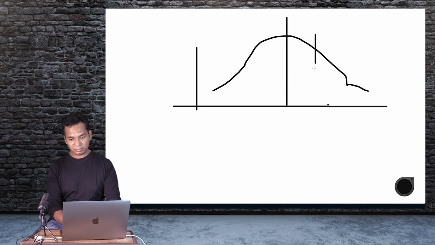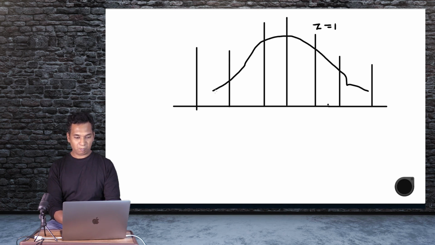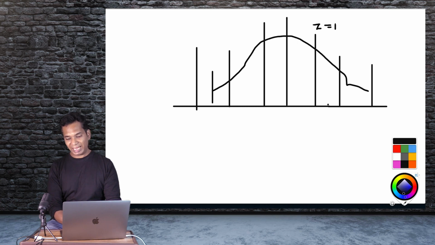Okay, so the distance from the mean, if it is 1 standard deviation, we call it z value is equal to 1. In a similar manner, you can have z value equal to 2 and z value equal to 3, and on this side z value equal to minus 1, minus 2 and minus 3. The values which fall after this are really few.